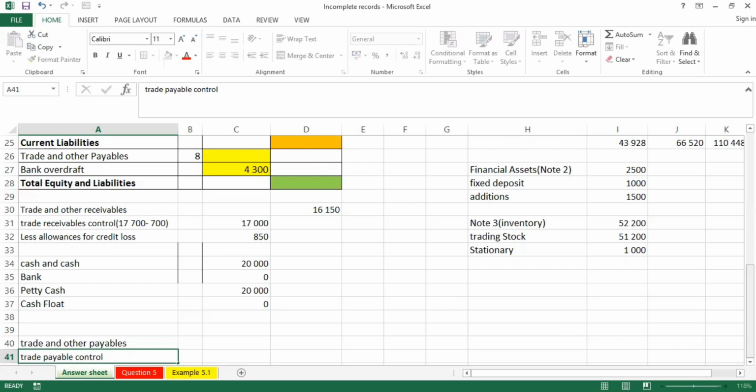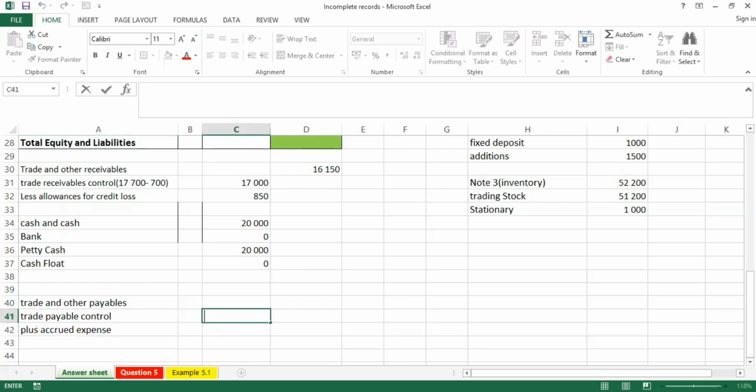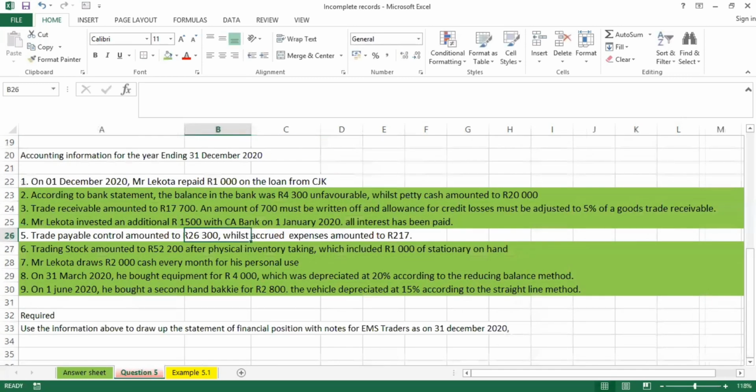So let's type that in: accrued expense. Accrued expense means expenses that we're still owing, expenses that we must still pay, more like your outstanding expenses. So they told us that our trade payable control amounted to 26,300, whilst accrued expenses amounted to 270.